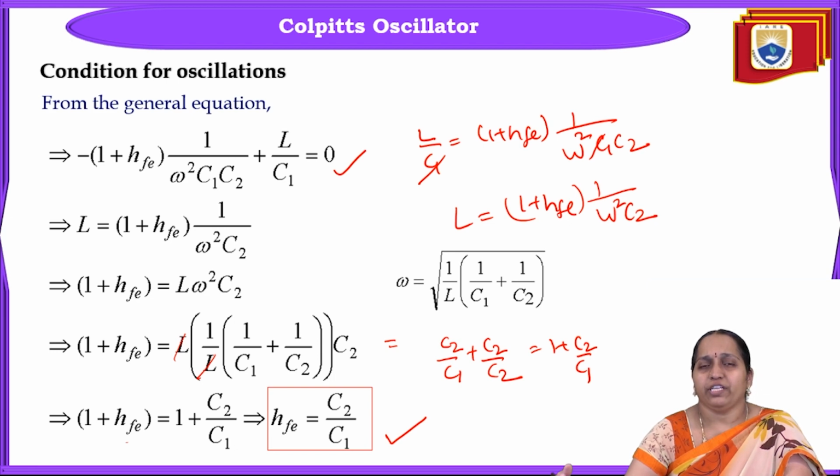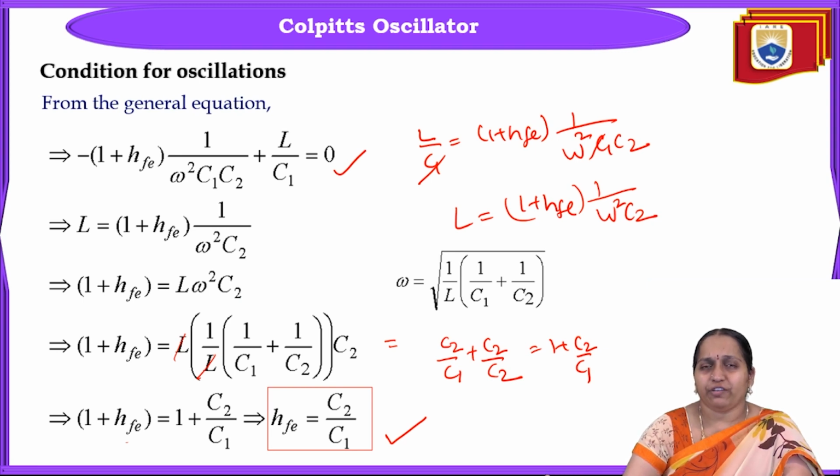For the Hartley oscillator, we chose the proper impedances: Z1 and Z2 are both inductors, and Z3 is a capacitor. Coming to Colpitt's oscillator, Z1 and Z2 are capacitors and Z3 is an inductor. In both cases, from the general equation we substituted the values of Z1, Z2, Z3.